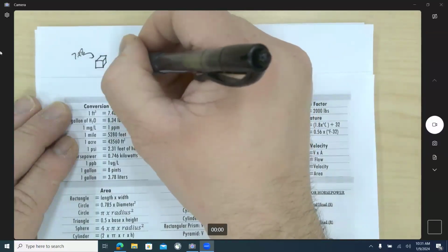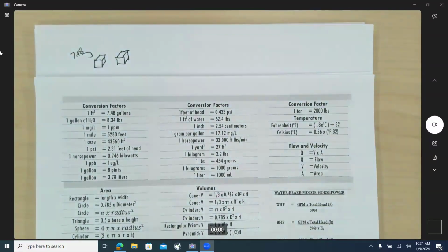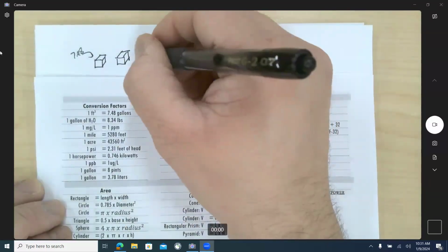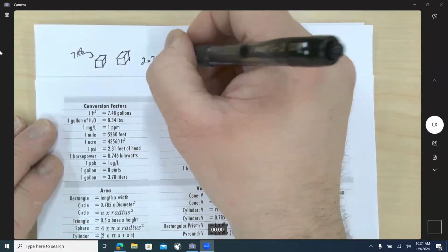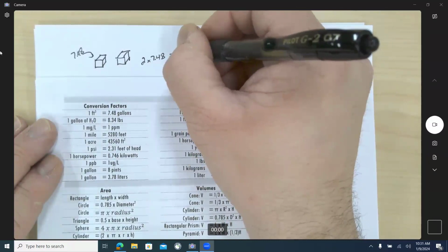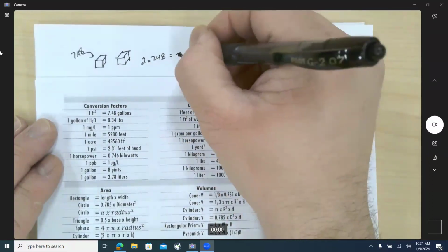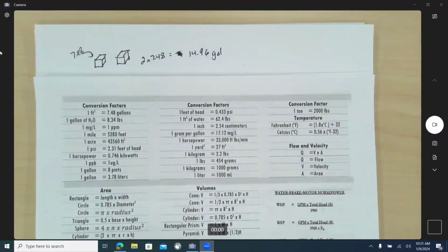If I have, let's say, 2 of those cubes, they're both a cubic foot. How many gallons do I have then? Well, you're just going 2 times 7.48, right? 14.96 gallons. So all you're doing is taking your cubic feet and multiplying by 7.48, correct?